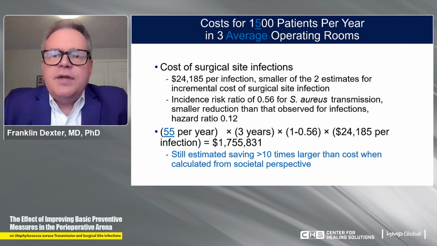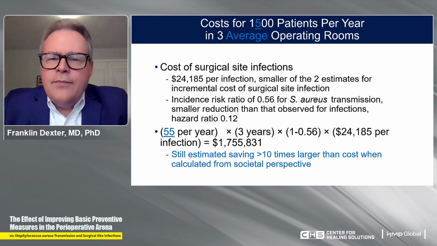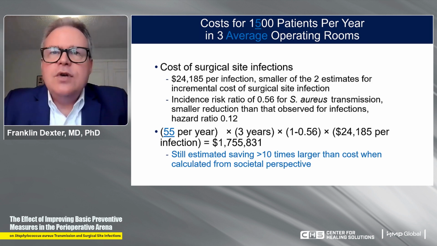So here's the arithmetic using the large Iowa hospitals' average cases per operating room and average infections per room. Still, there's reliably net cost savings, okay? So targeting not principally the 3 operating rooms that had the most surgical site infections, you can still have savings.